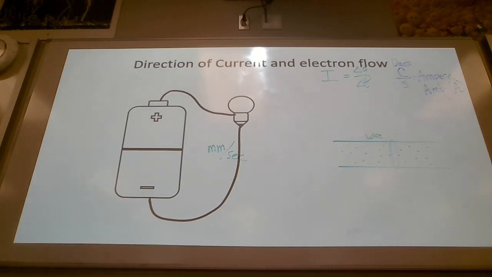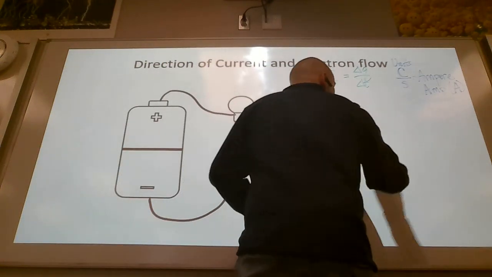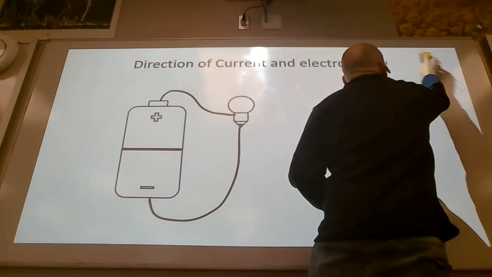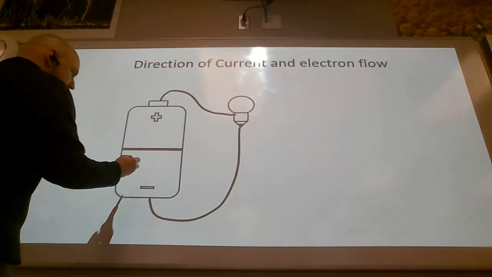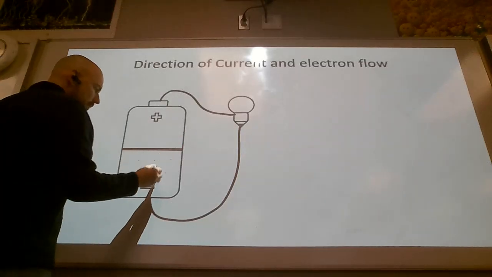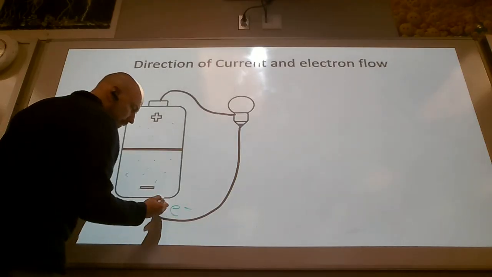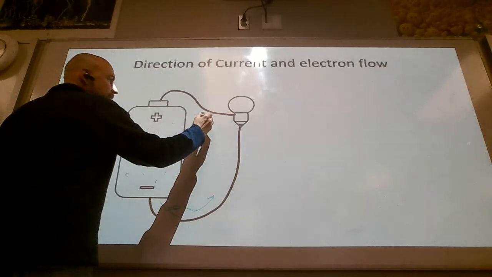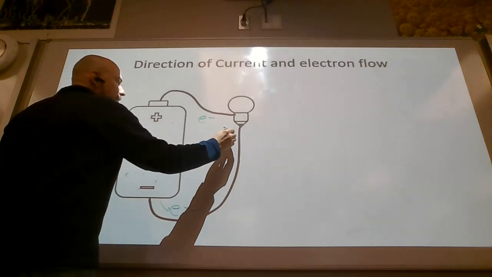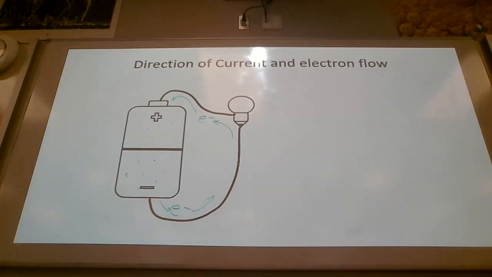All right. So electrons are going out of negative, through the light bulb, and into positive. You okay with that?